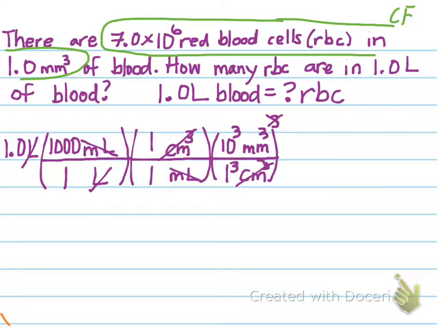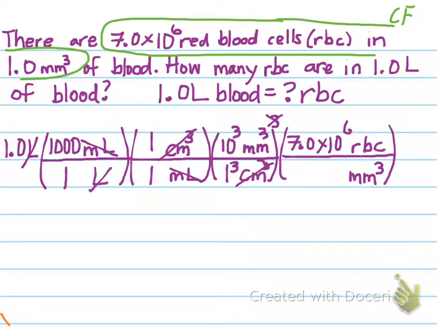I'm trying to get to red blood cells, but now I can use this information that they've given me, right? Millimeters cubed have to go on the bottom. Red blood cells are going to go on the top. And it told me that there are 7.0 times 10 to the 6th red blood cells in 1.0 millimeters cubed of blood.